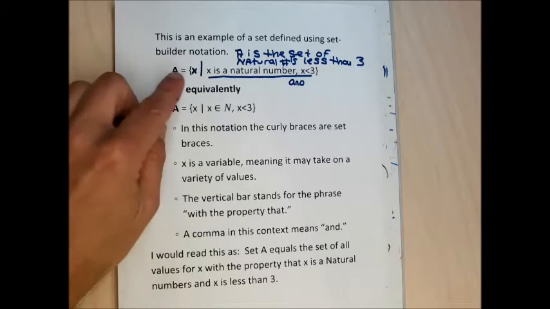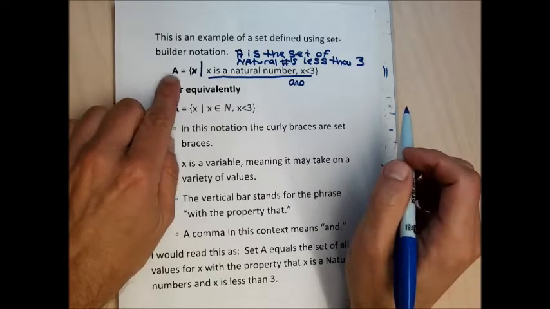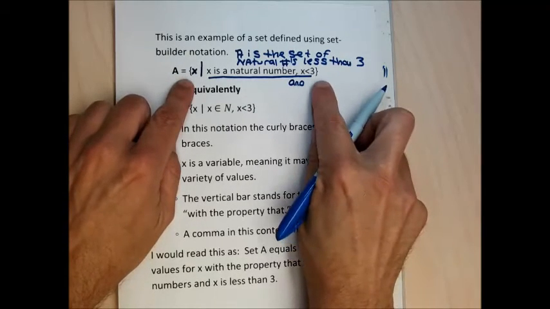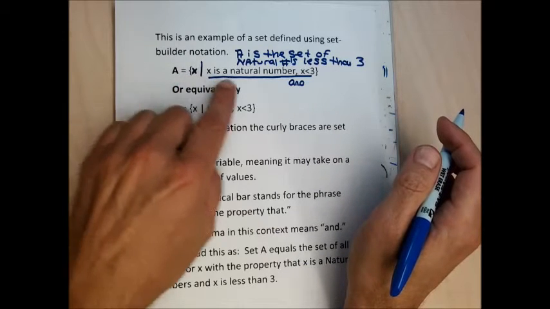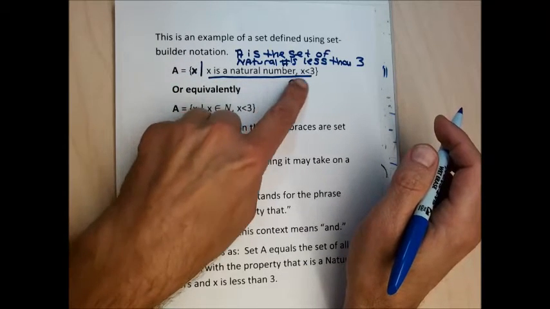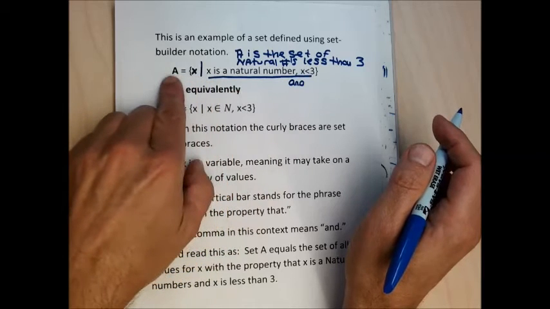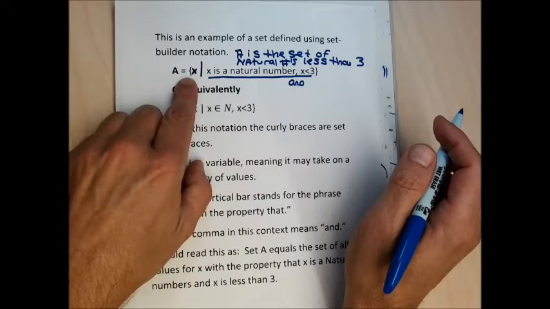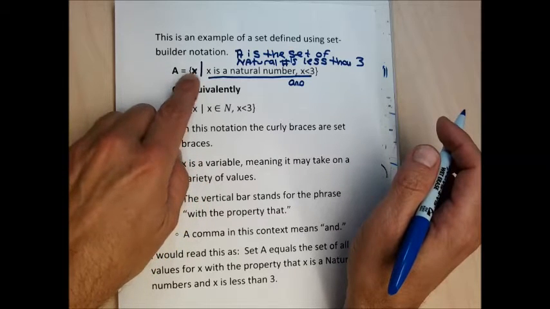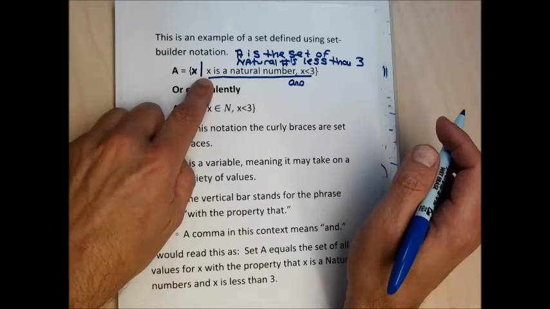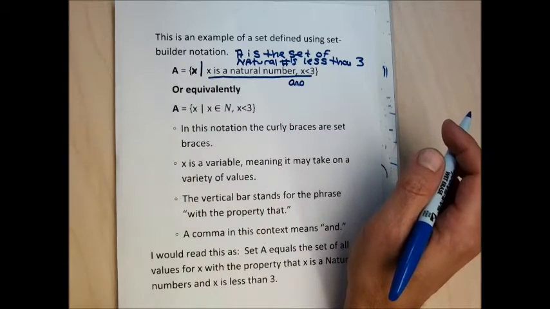If I wanted to read this, I'd say A equals the set of all X with the property that X is a natural number and X is less than 3.